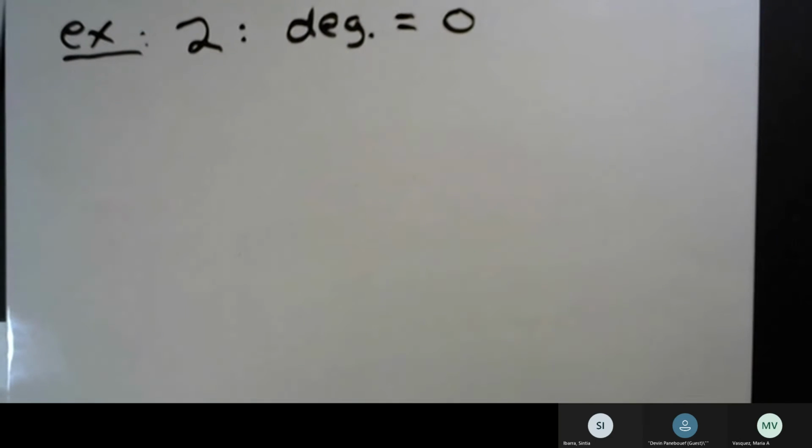So now we look at the degree of a polynomial.